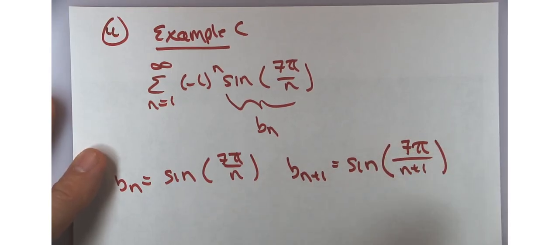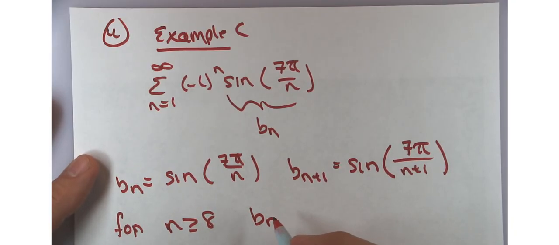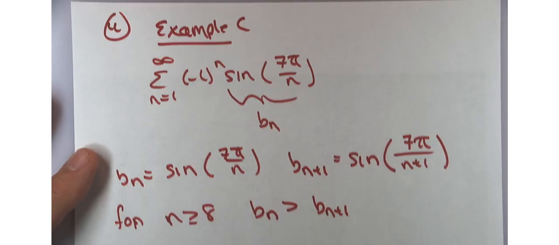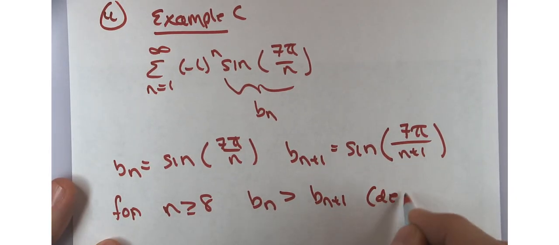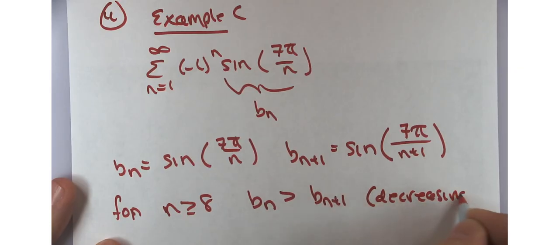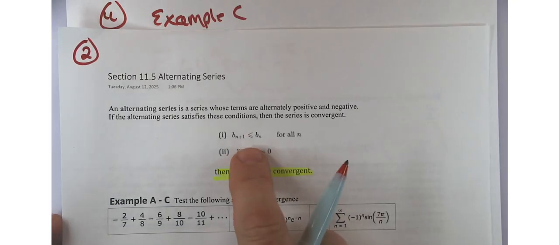So for n greater than or equal to 8, b sub n is going to be greater than b sub n plus 1. So it's decreasing. Sometimes these things are a little bit more obvious than not, but we're checking that first assumption.